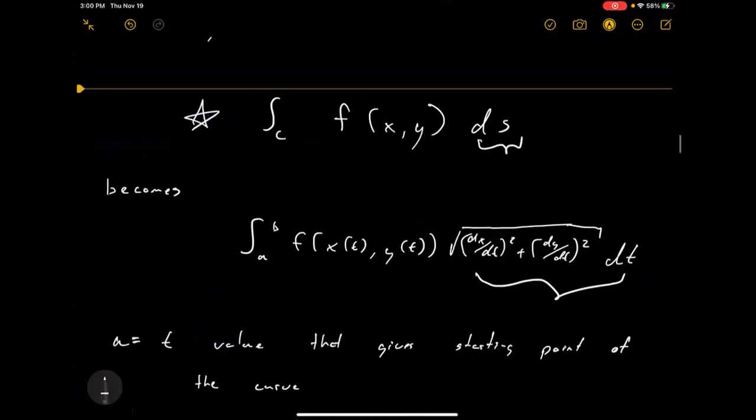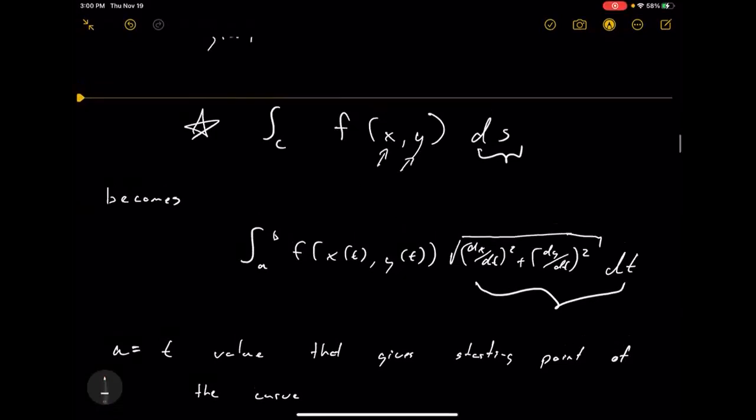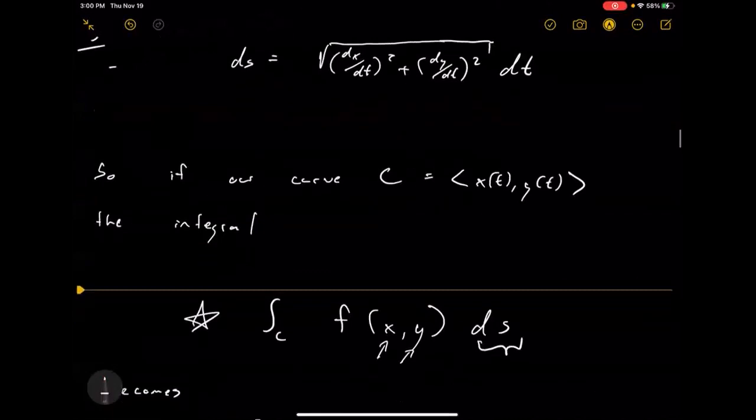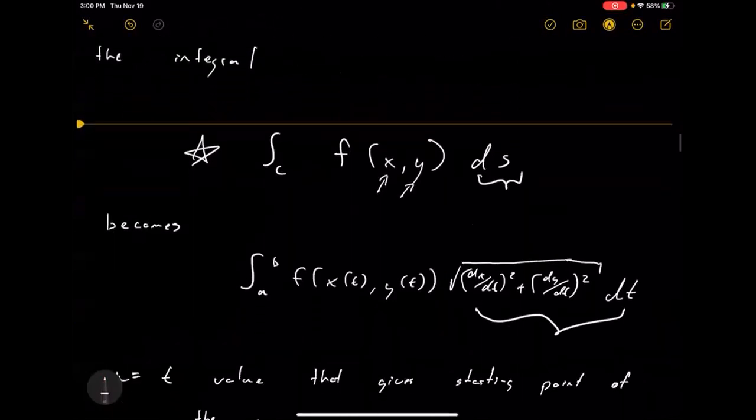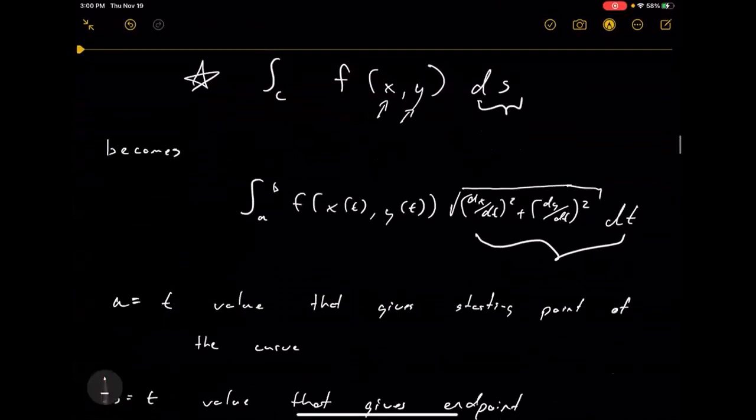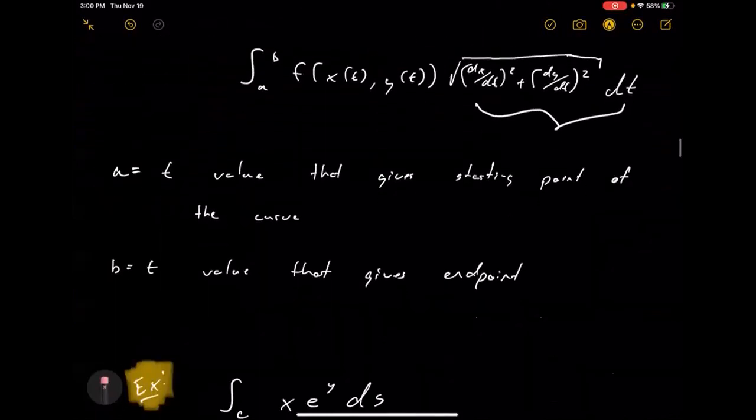And then for f(x,y), since I've changed this to an integral in terms of t, I want these x's and y's to be in terms of t. So I take my parametric description for x and y on the curve, and I plug it in for my x and y values. And then my a and b are my starting point and my ending point of my parametric curve.